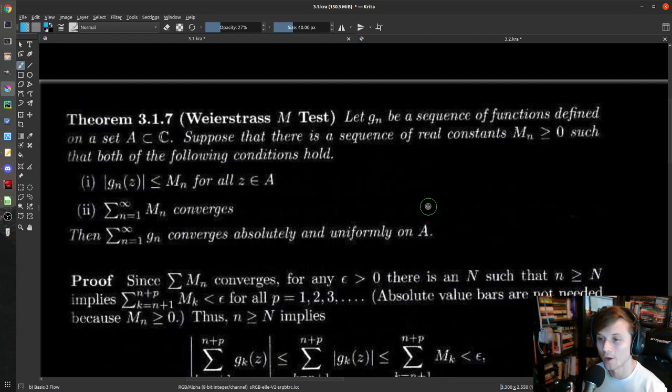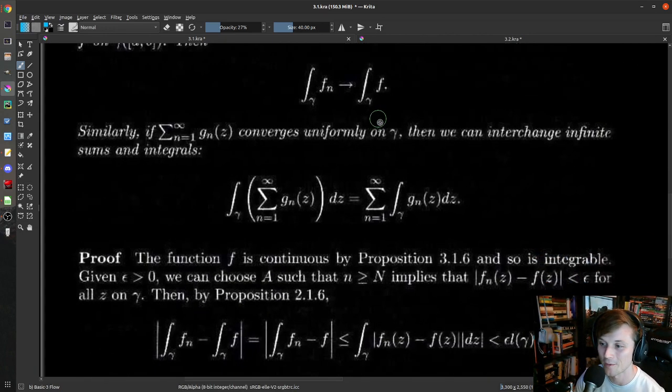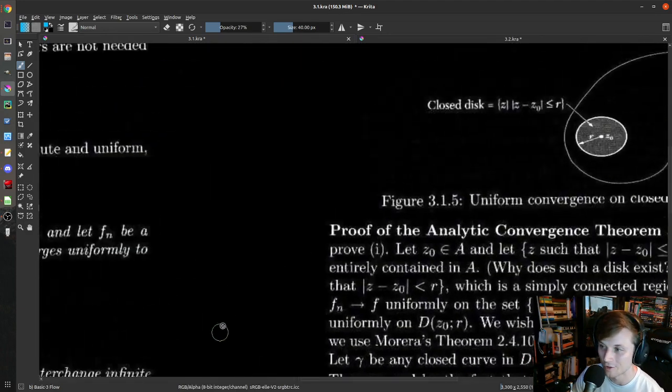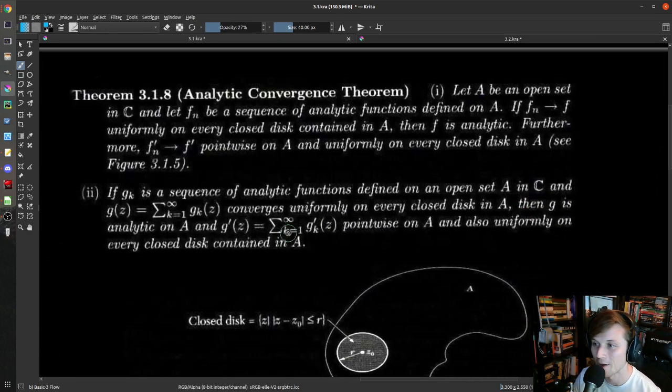So we'll begin with the Weierstrass M-test, and we'll do a lot more stuff with talking about integrals and interchanging sums and integrals, which, if you think about a Taylor series defined in terms of derivatives, and Cauchy's theorem and the way we get formulas for derivatives in terms of integrals, it may be sensible to talk about when we can interchange a big sum and an integral.